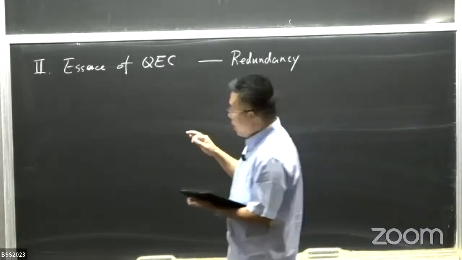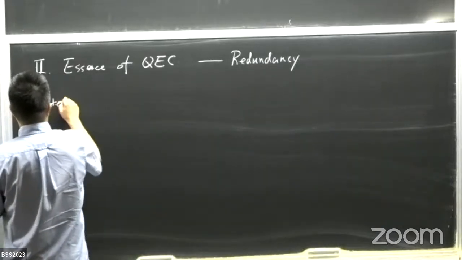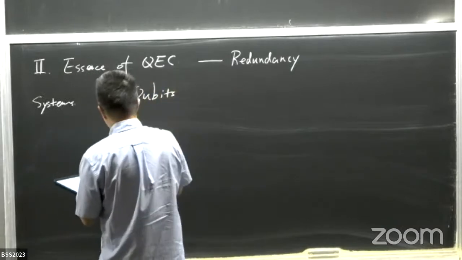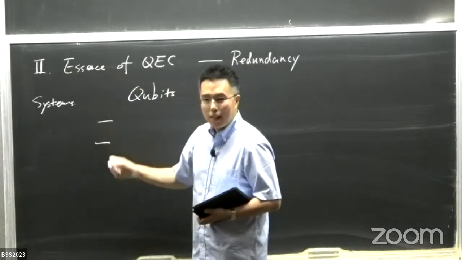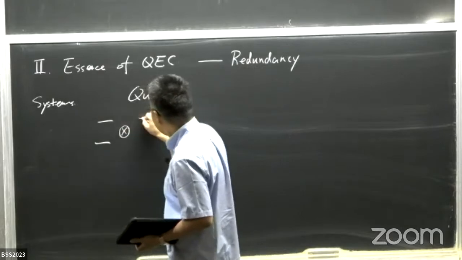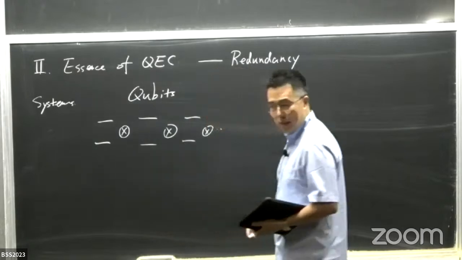Okay, now let's look at different systems for qubits. If we only have a two-level system encoding a qubit, there is no more redundancy we can use for error correction. So in order to overcome it, we need to put in more two-level systems.